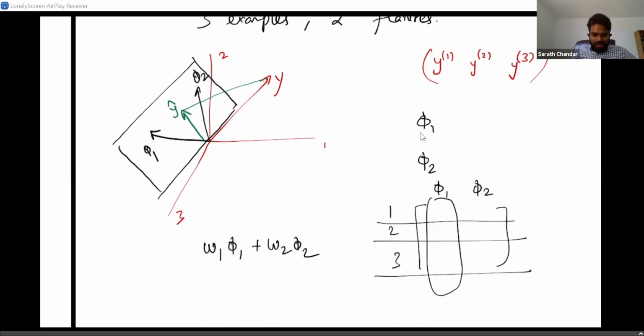Your regression model can only be a vector in this subspace because it's a linear combination of these features, right? We are interested in finding that y hat which is as close as possible to y, and in this case it happens to be the orthogonal projection of y onto this linear subspace. Are there any questions about this viewpoint?